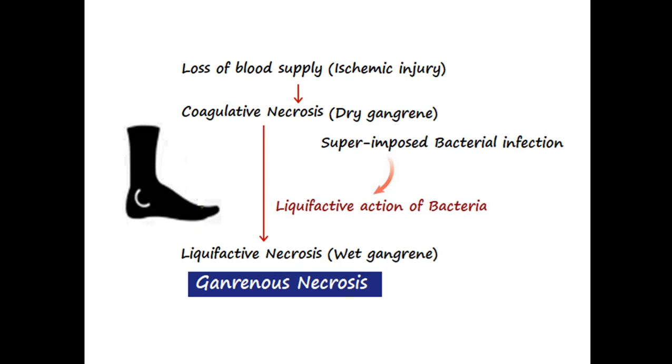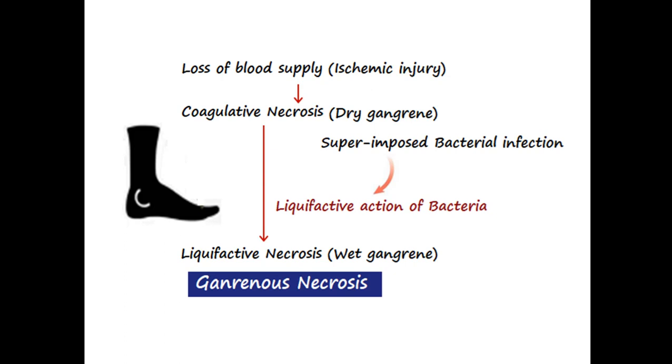Now, another type of tissue necrosis is the gangrenous necrosis, or gangrene. It is most commonly seen, particularly in the lower limbs, and commonly in diabetic patients also. The mechanism of gangrenous necrosis starts initially with the loss of blood supply.